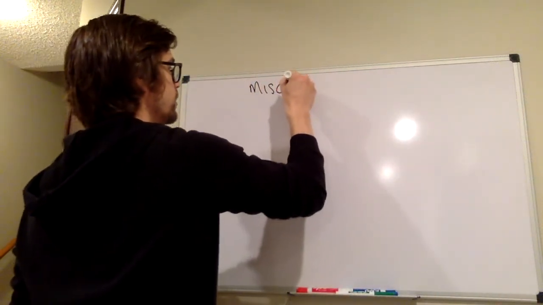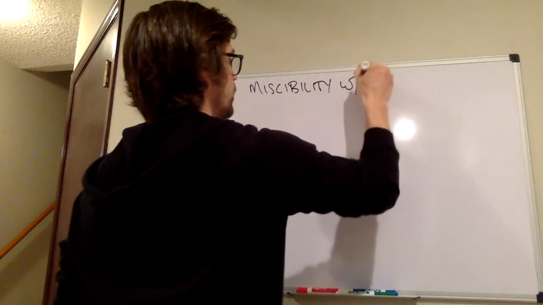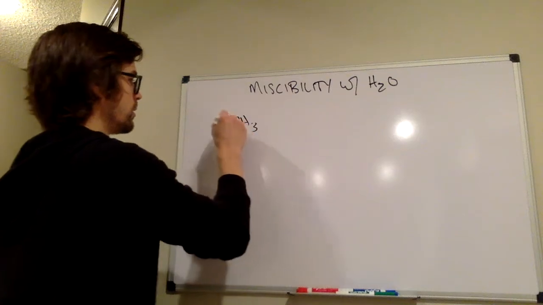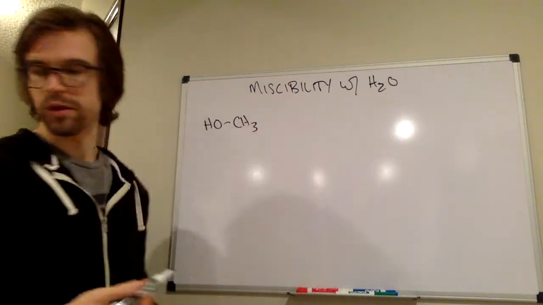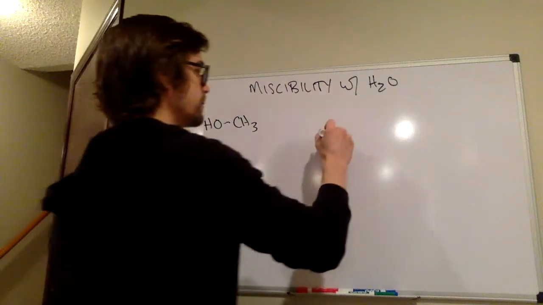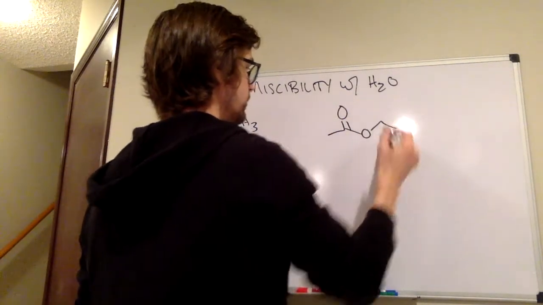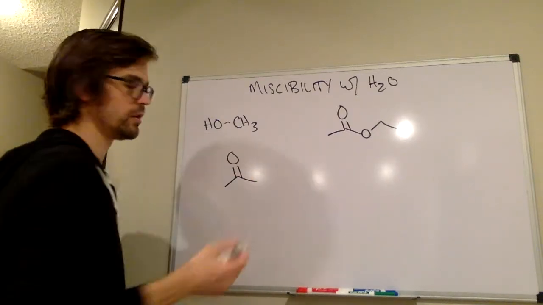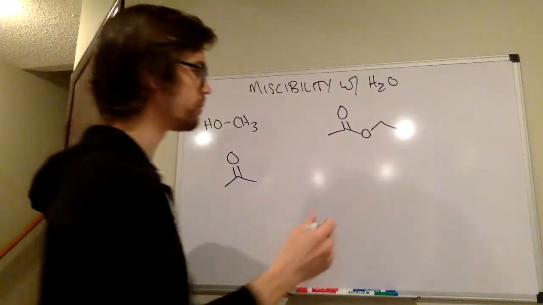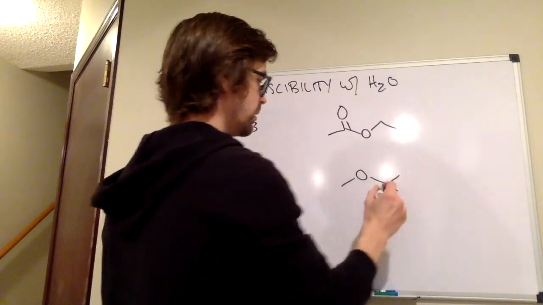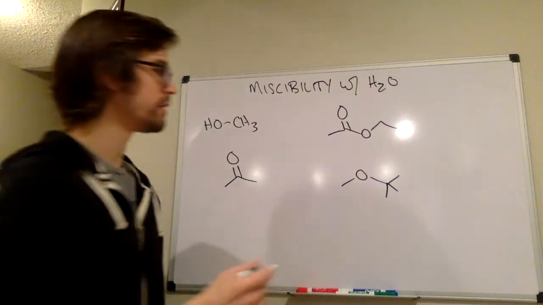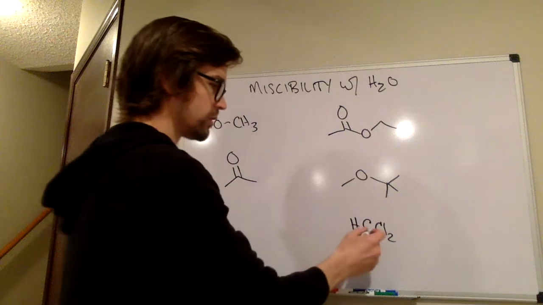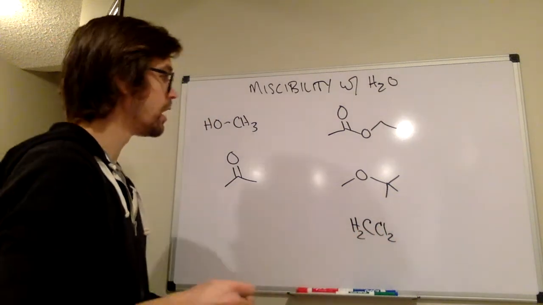Miscibility with water. So let's look at the molecules. We have methanol, ethyl acetate, acetone, methyl tert-butyl ether, and methylene chloride, so it's carbon attached to two H's and two Cl's.